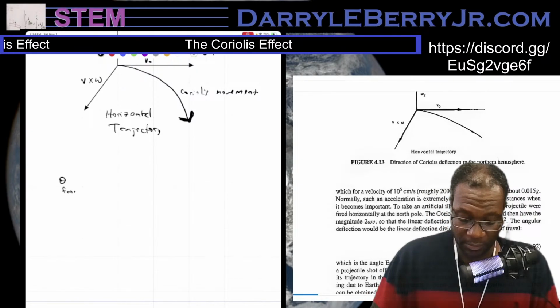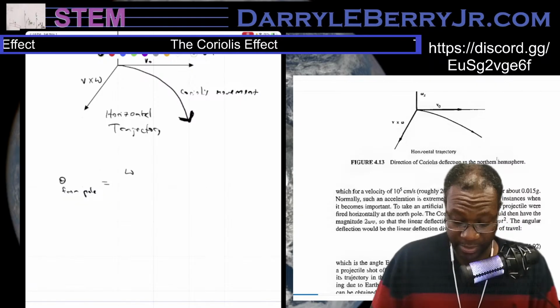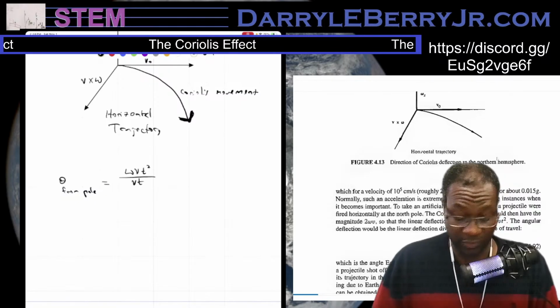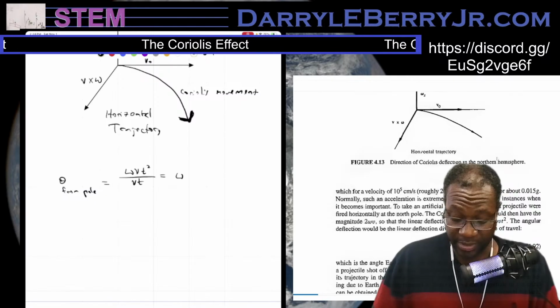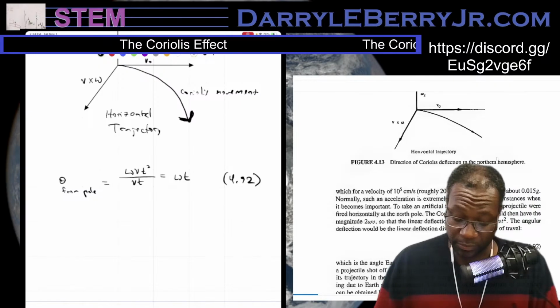Theta from pole is omega v t squared divided by v t, which equals omega t, 4.92.